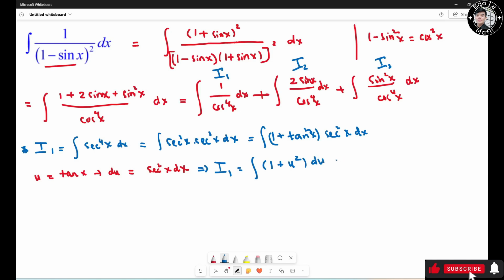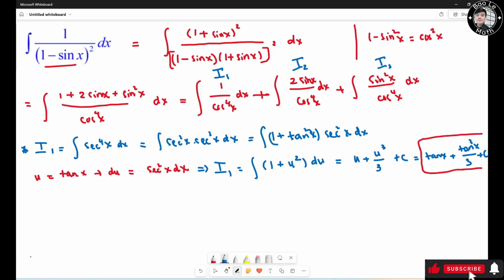The antiderivative of this is u plus u cubed over 3, plus c. Now I'm going to substitute tangent s for u, so it's going to be tangent s plus tangent cubed of s over 3 plus c.